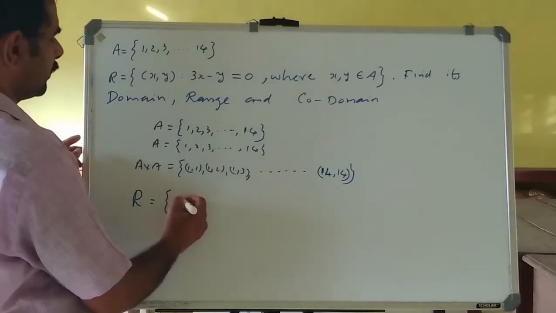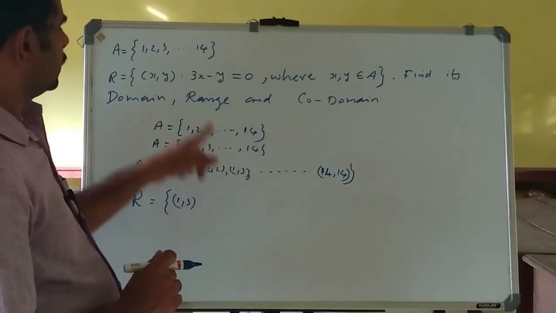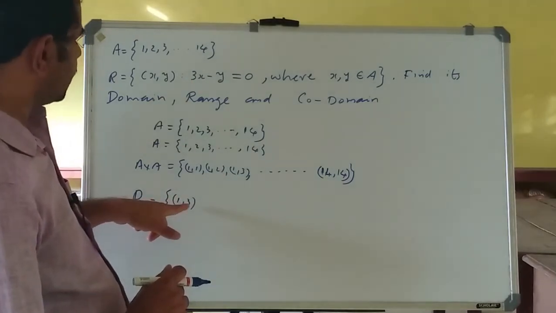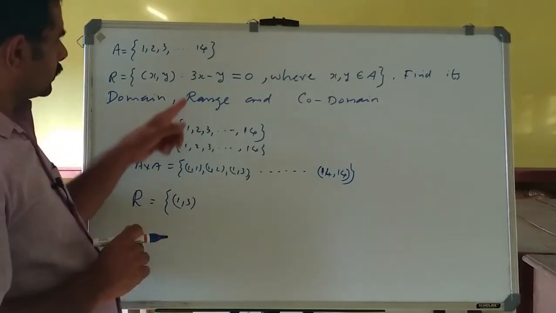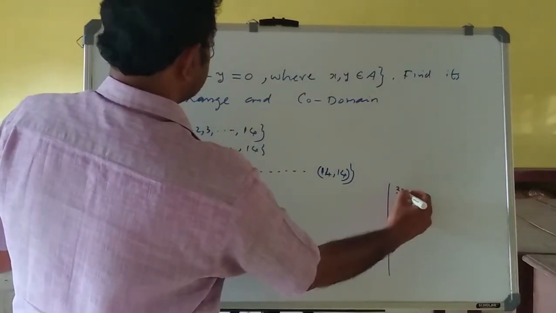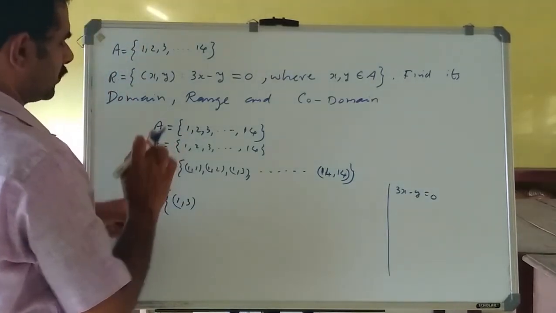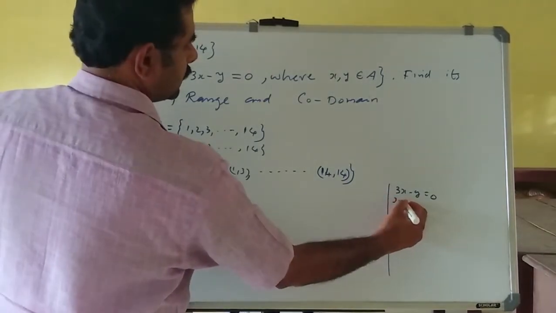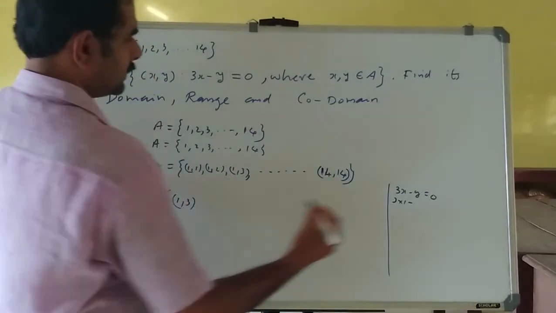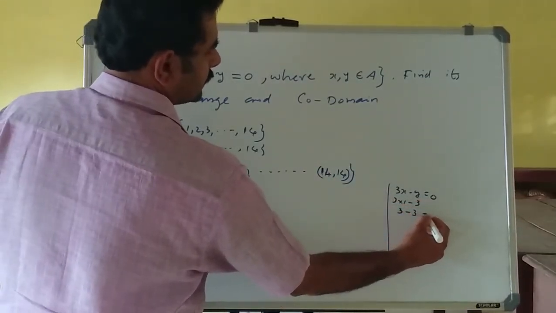I am taking a pair, 1 comma 3. You substitute: this is x, this is y. Substitute x as 1 in 3x minus y equal to 0, so x is 1, y equal to 3. 3 into 1 minus 3, that is 3 minus 3, which is 0.